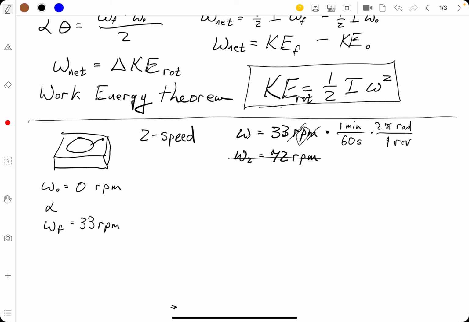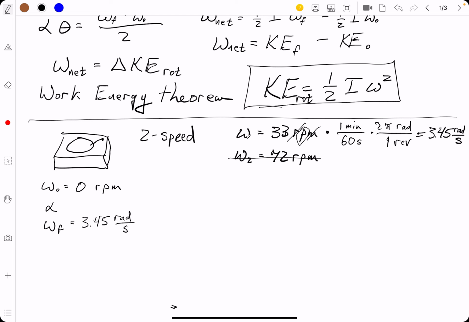That's this line, right? RPM. So this should give us something equal to 3.45 rads per second, radians per second. So instead of writing it in terms of RPM, I'm going to write it as 3.45 radians per second.